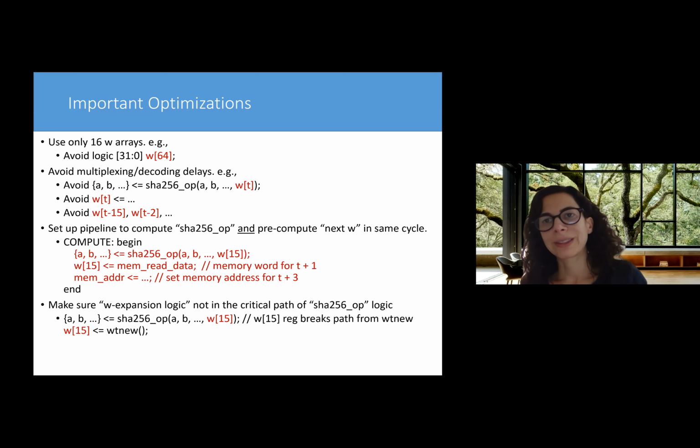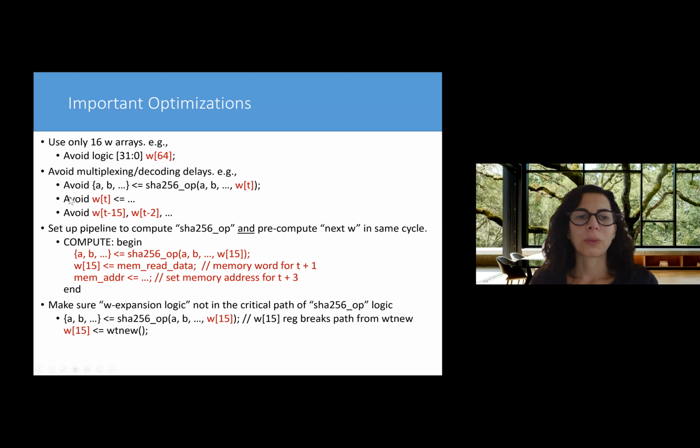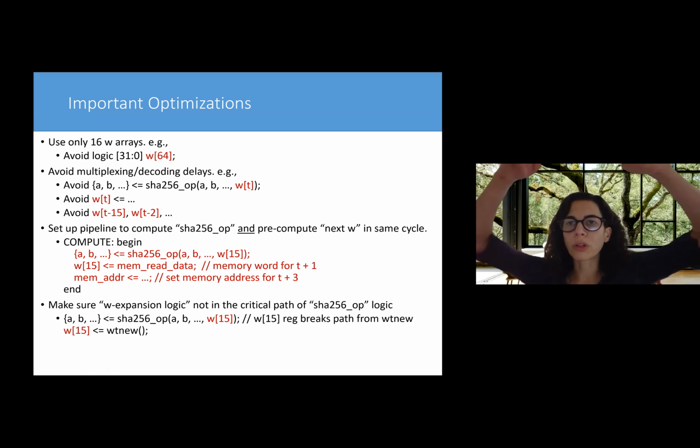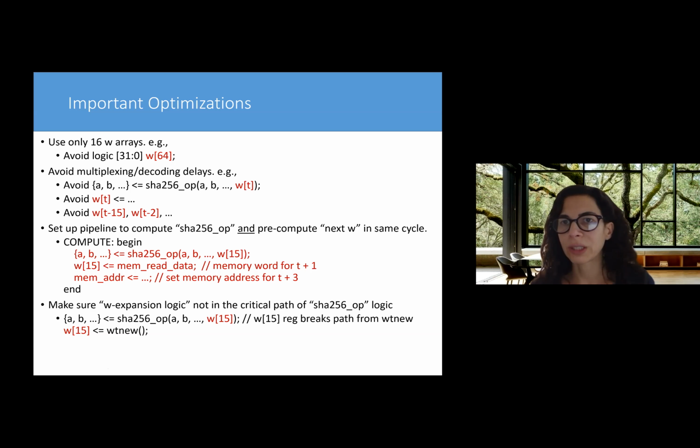In fact, what we will see in the next one is that every time you read from these W's and put the right W's in the registers, you don't need to multiplex so many things into your function and generate this huge overhead. And that's the trick we're going to use to optimize things. So we are going to set up a pipeline, and every time we just take a memory word that is appropriate for that round, we are going to read it.